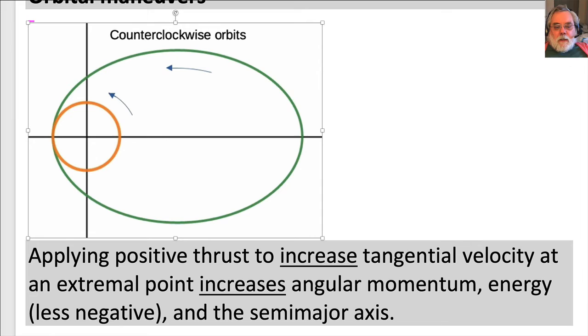Applying positive thrust to increase the tangential velocity at an extremal point increases angular momentum, energy, making it less negative, and the semi-major axis. A circular orbit becomes a longer ellipse with the rocket starting at the minimum distance. For orbiting the Earth, this is perigee. For orbiting the Sun, this is perihelion.